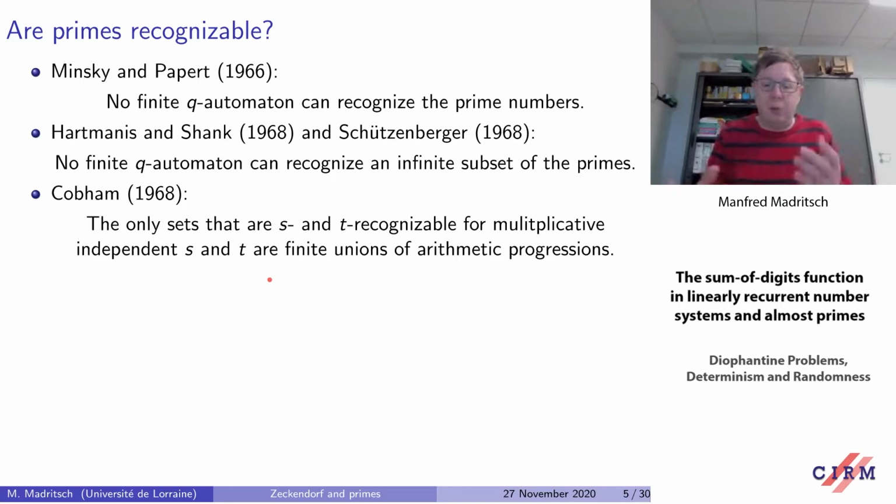If you have two bases, s and t, and they are multiplicatively independent, meaning that s to the m equals t to the n has only the trivial solution m equals n equals 0, then the only sets that are recognizable with respect to these two multiplicatively independent bases are finite unions of arithmetic progressions.